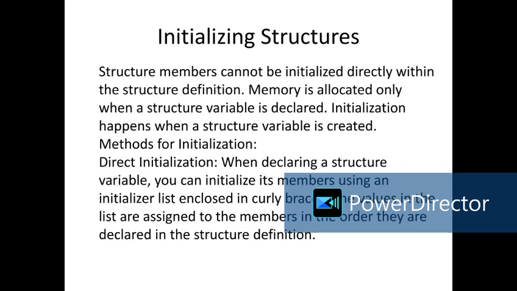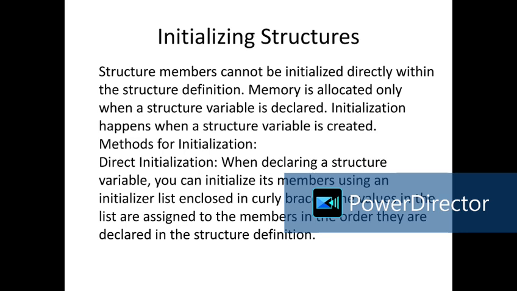Initializing structures. We can initialize a structure at the time of declaration: struct student s1 = {101, "John", 90.5}; The values must follow the same order as in the structure definition.